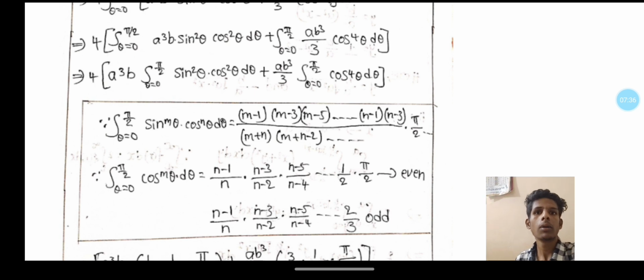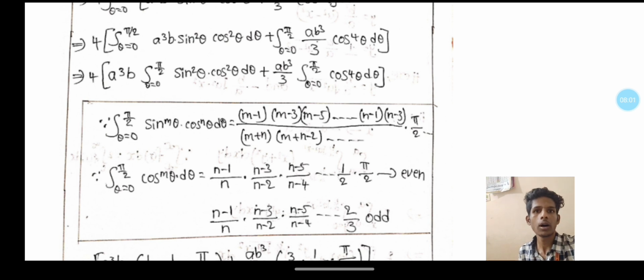It is in the form of this formula: integration of theta from 0 to pi by 2 sin m theta cos n theta d theta equals (m minus 1)(m minus 3)(m minus 5)... (n minus 1)(n minus 3)... by (m plus n)(m plus n minus 2)... into pi by 2.